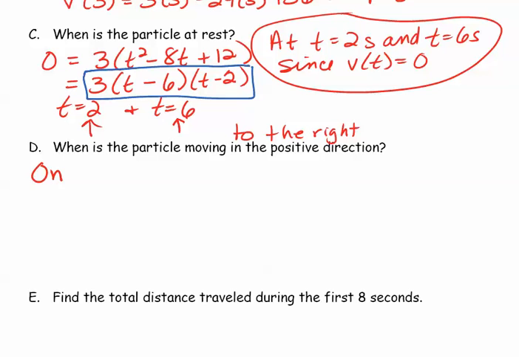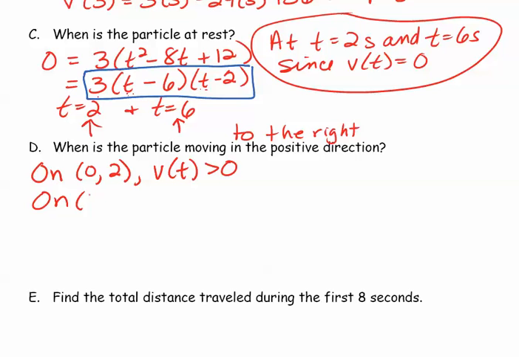Quicker to use the factored form. So on our interval from 0 to 2, our first critical number, if you think about putting a number like 1 in for time, you can see we'd have a positive 3 times a negative number times a negative number. So the product of two negatives and a positive would make velocity positive.